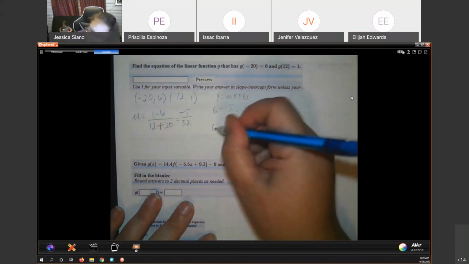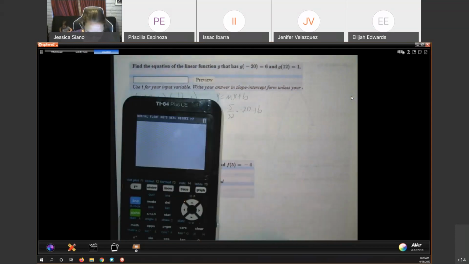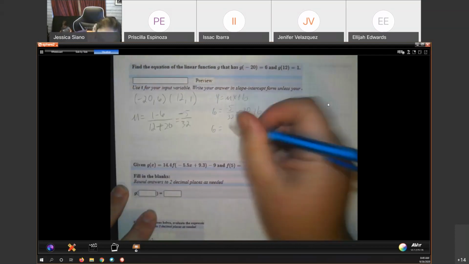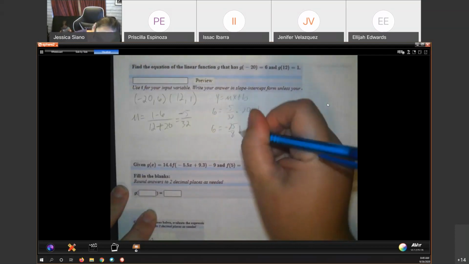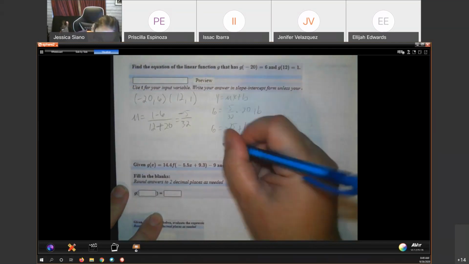So then 6 equals negative 5 over 32 times 20. Math enter, negative 25 over 8. And then I'm going to add that 25 over 8 to both sides.